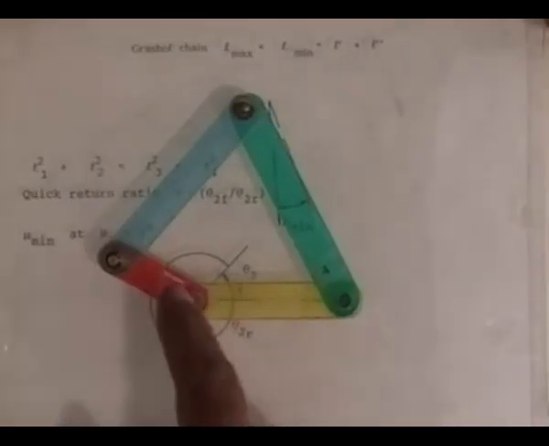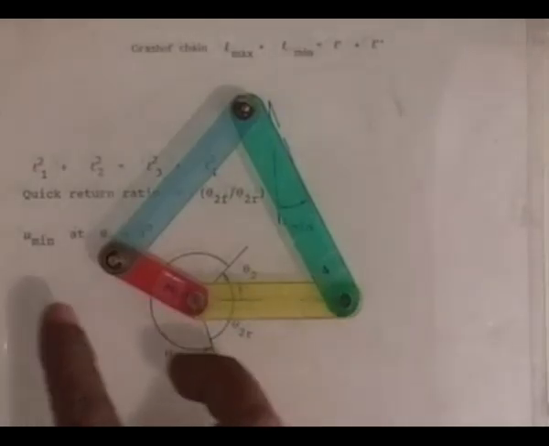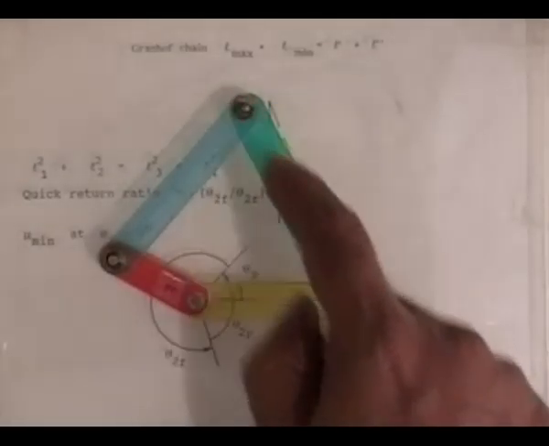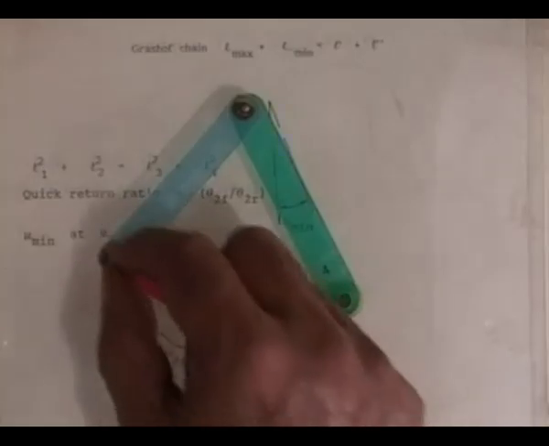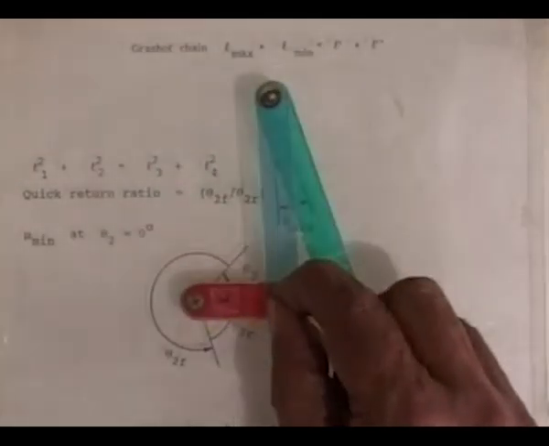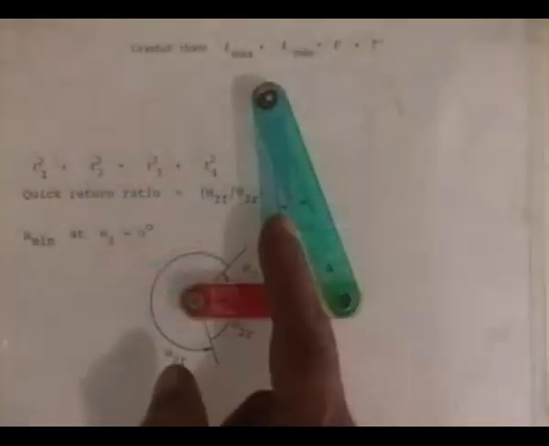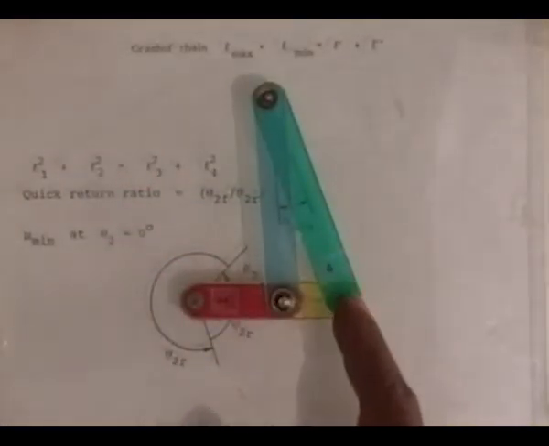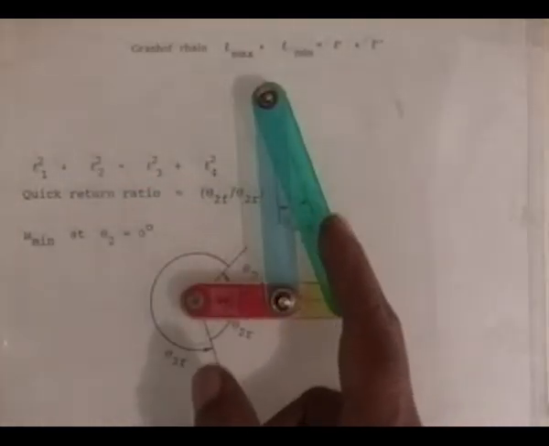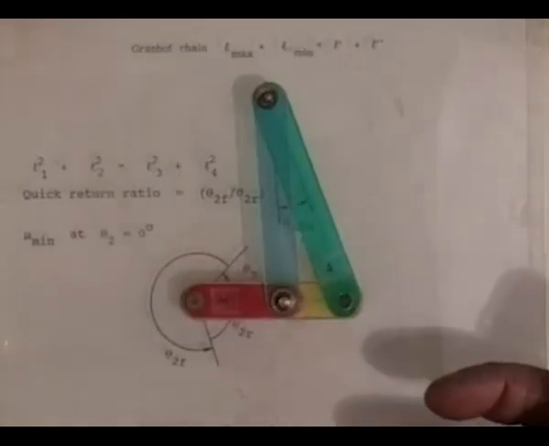Let us look at this model again, where L1 squared plus L2 squared is not same as L3 squared plus L4 squared. So, here the minimum transmission angle occurs only for this configuration when the crank is along the line of frame and the angle between the follower and the coupler is very small, giving rise to very poor transmission characteristics.